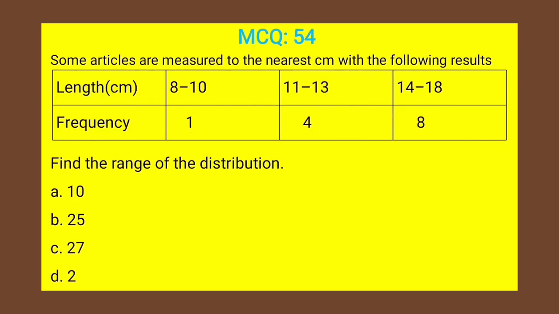Question 54. Some articles are measured to the nearest centimeters with the following results. So we have to find the range of the distribution. We have already been finding range. We said range is always the upper class limit of the highest class compared with the lower class limit of the lowest class, right?